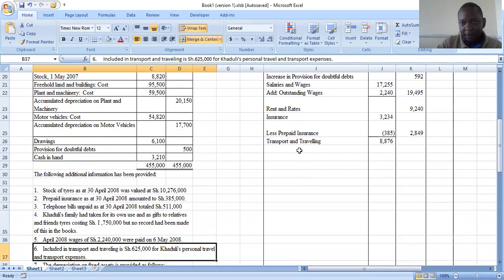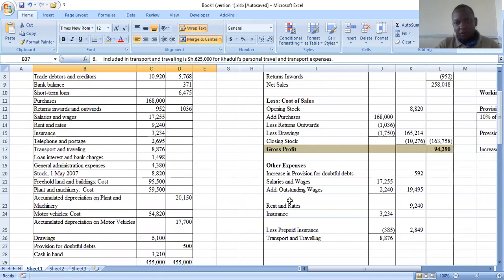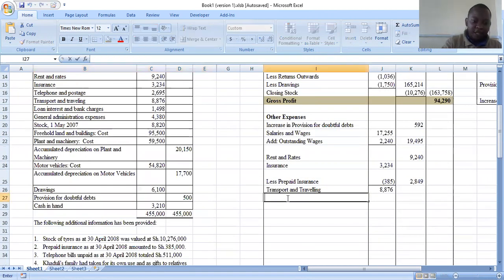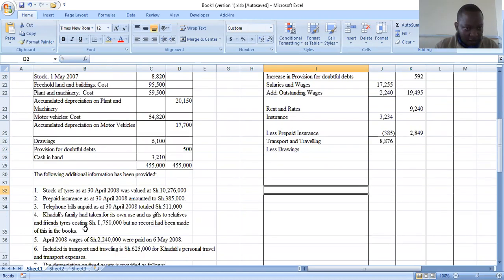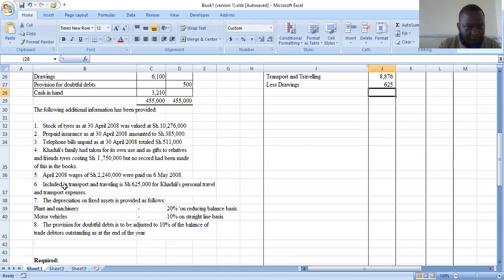Sindio? So therefore less drawings. So this will be another drawings that we have to deduct in the balance sheet. So we'll add this to the other drawings, and the total amount of this is 625,000. Any other additional information for traveling?